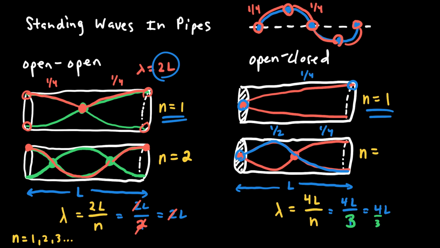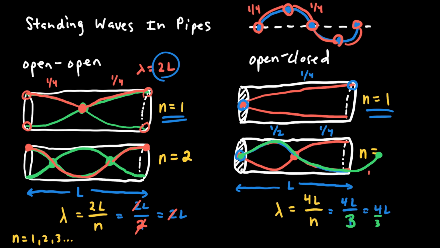And maybe this makes some sense if I extend the diagram of the wave out a little bit. So it starts at equilibrium, it goes all the way up, comes back through equilibrium all the way down, and then all it needs to do is go from this maximum displacement back to equilibrium once in order to get one full wavelength.